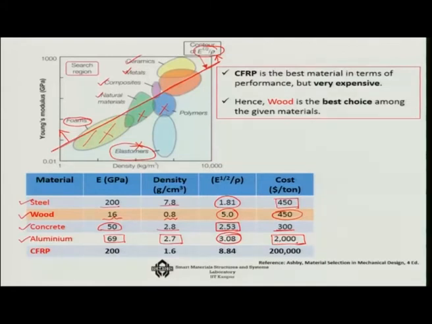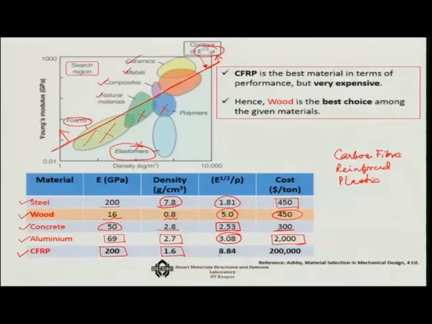Well, if pocket is not a problem, why don't we try CFRP? You know what CFRP is? That is carbon fiber reinforced plastic, I have talked about it, right? That is one of the very advanced materials available today. It has a modulus of elasticity of about 200 gigapascal, just like steel, but the density is 1.6, much less than the 7.8 density of steel.